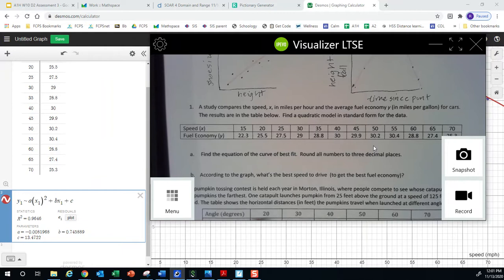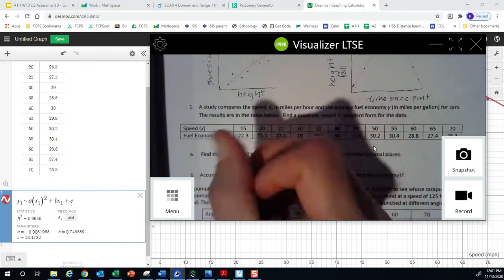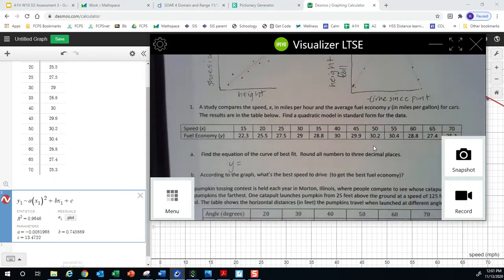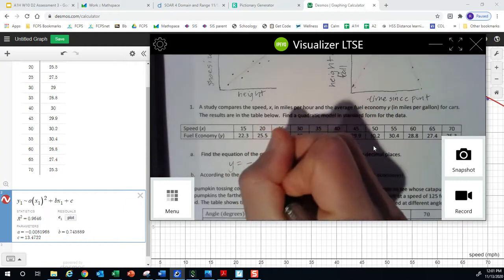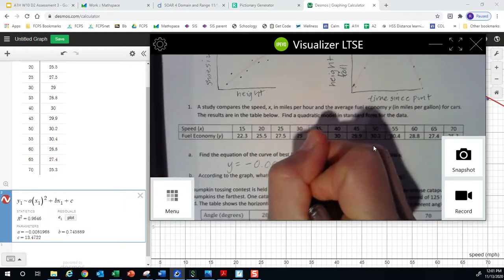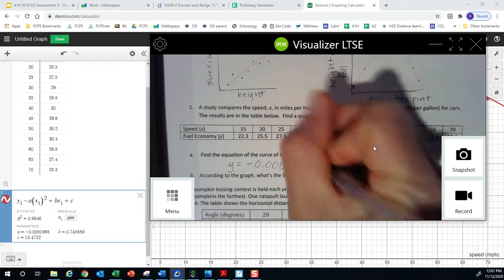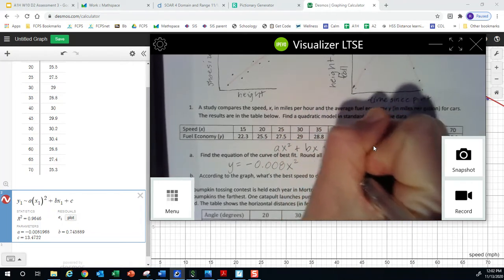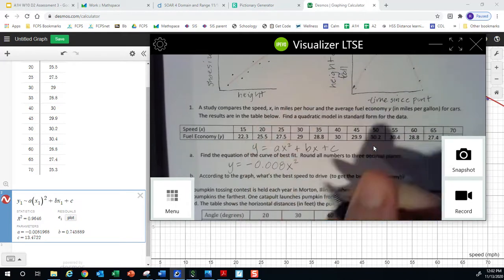First, write the equation of the curve of best fit and round all the numbers to 3 decimal places. So basically what I'm doing is writing an equation and putting in the a, the b, and the c. So negative, that's a, x squared. Remember, every quadratic equation looks like this, ax squared plus bx plus c. That's standard form.